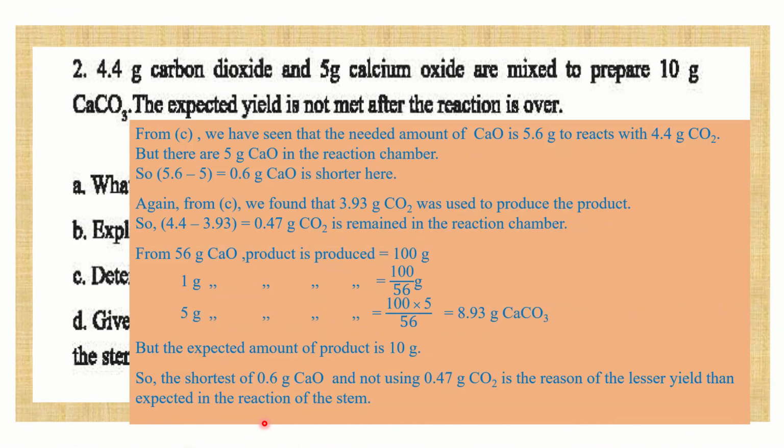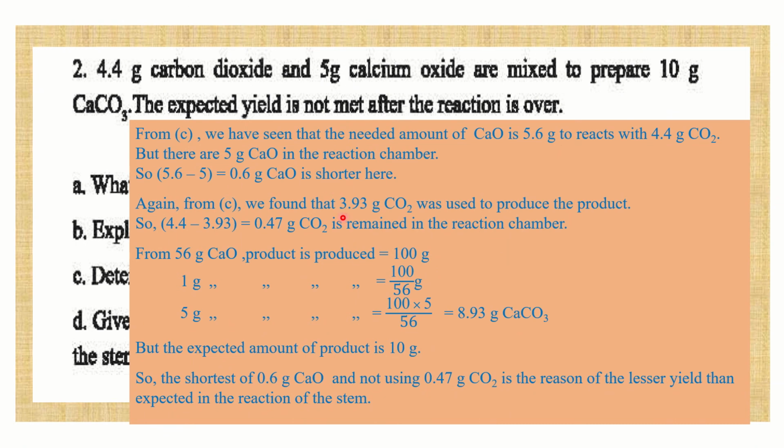We will find it out mathematically. From C, we have already seen that the needed amount of calcium oxide is 5.6 gram, but we have only 5 gram. So 0.6 gram calcium oxide is short. If 0.6 gram more calcium oxide were present here, then the full amount of carbon dioxide could be used, and we could get some more product.